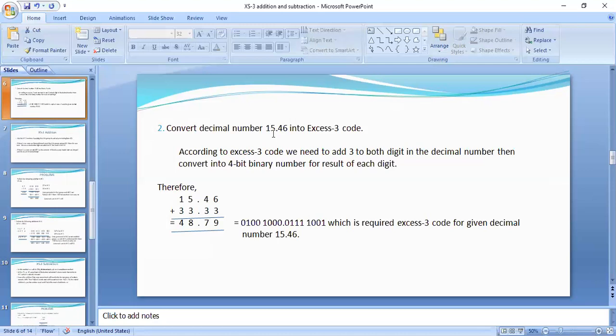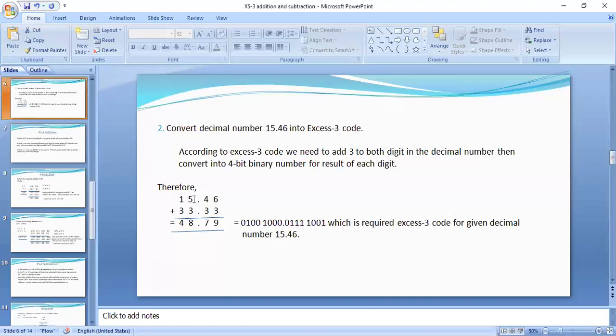After adding, we get 48.79. Then write the equivalent 4-bit binary for each digit of the newly obtained decimal number. For 4, the equivalent binary is 0100. For 8, 1000. For 7, 0111. For 9, 1001.